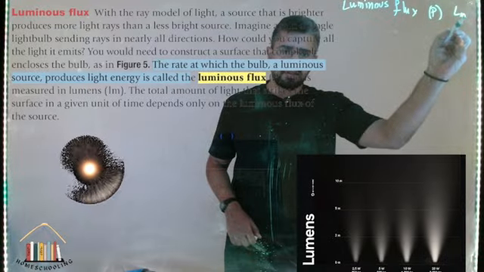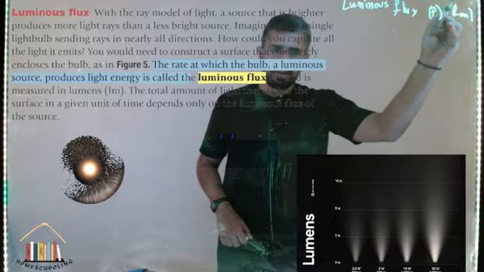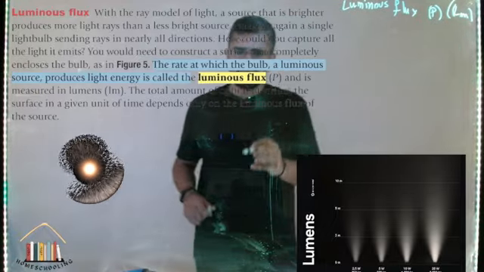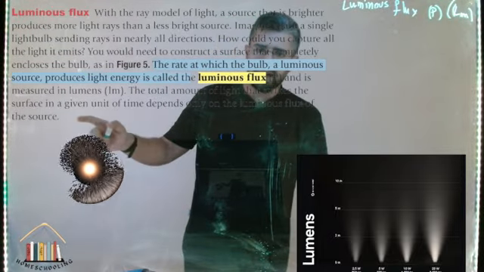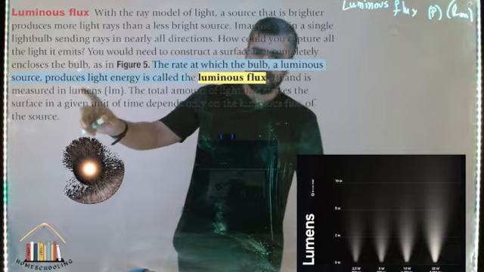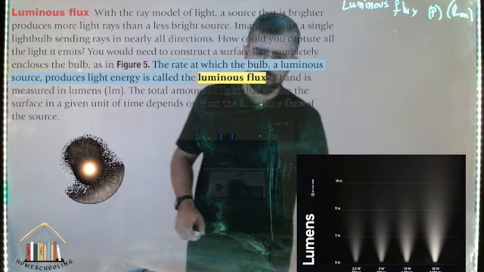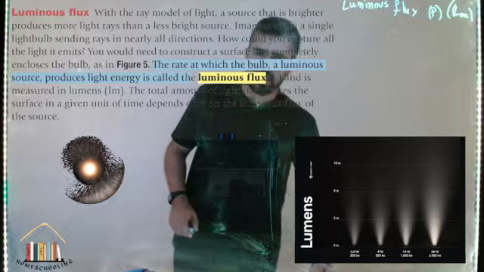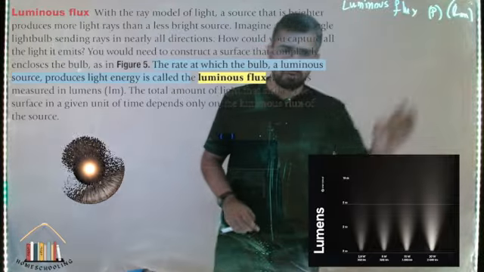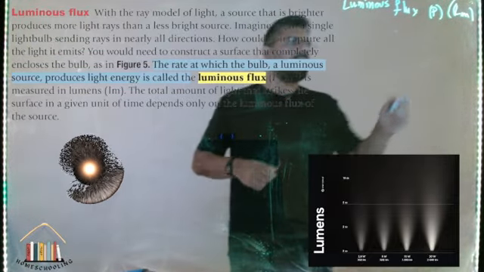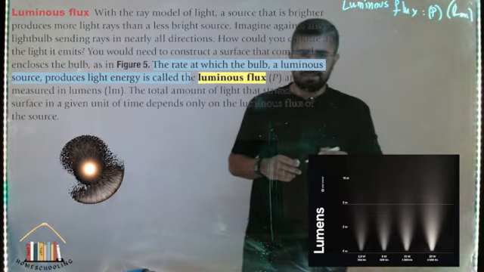Remember, it depends only on the source of the light, the amount of light energy sent by the source, whether it's a light bulb, a star, the sun, whatever it is, even a candle. So the luminous flux has the symbol capital P and the unit is LM.